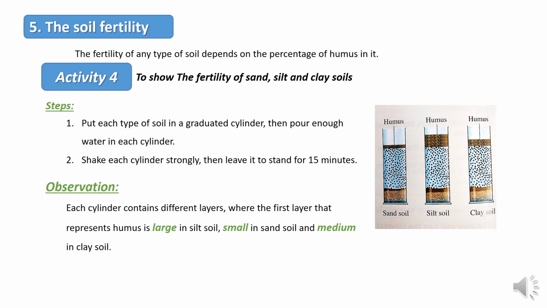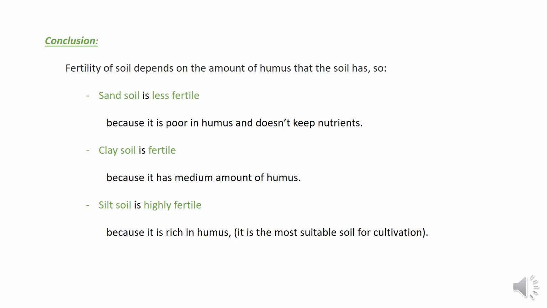Observation: each cylinder contains different layers, where the first layer that represents humus is large in silt soil, small in sand soil, and medium in clay soil. Conclusion: fertility of soil depends on the amount of humus that the soil has.